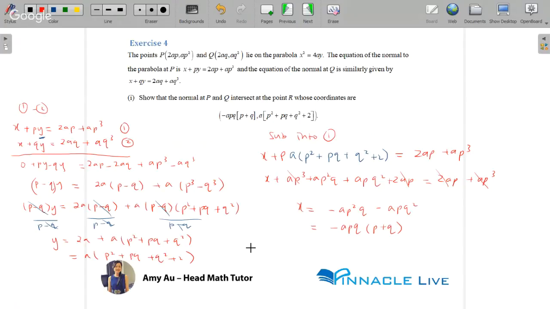And that's it. So therefore, the point R is this. It's just a little bit tedious algebraically, but apart from that, I wouldn't say it's incredibly difficult. All right, moving on.